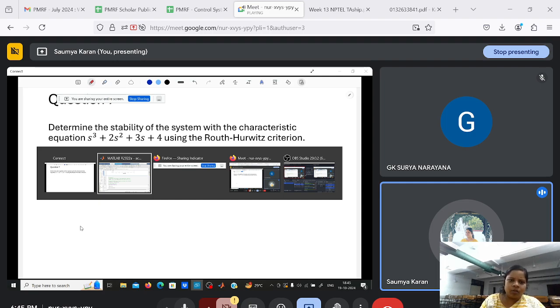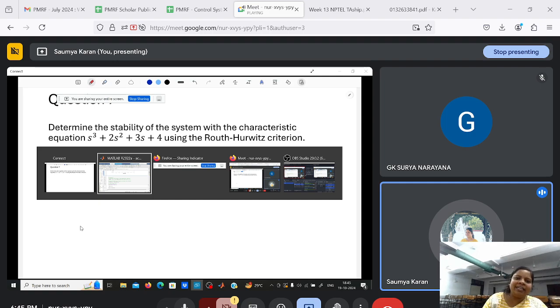So we just want to determine the first column. Are there any sign changes? If there are sign changes, then the system has that many right half plane poles and is unstable. If the system does not have any sign change, then it is definitely going to be stable. Now, this function Routh array is important.